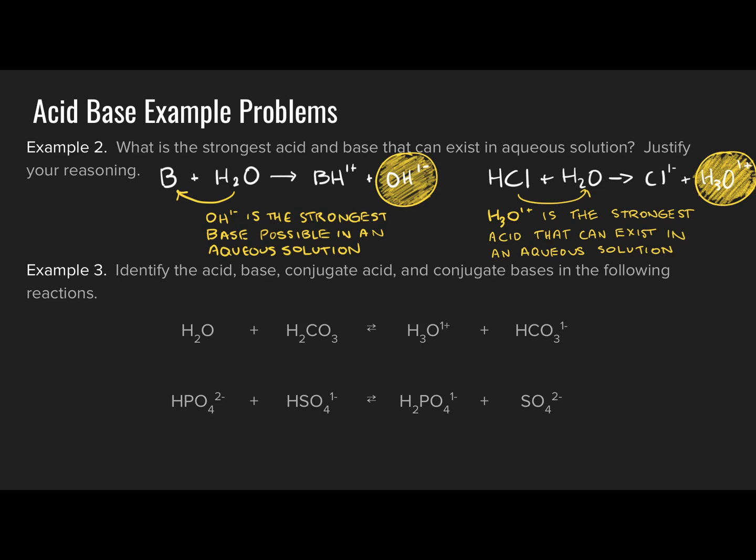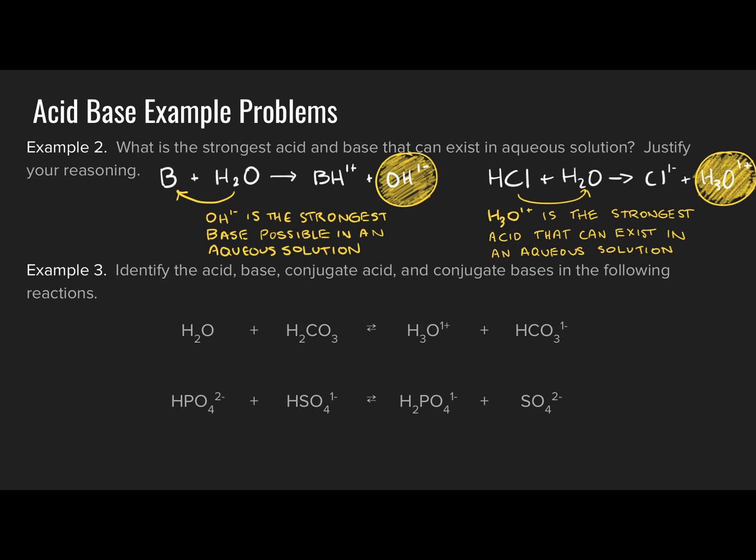So the strongest base that can exist in aqueous solution is the hydroxide ion. The strongest acid that can exist within the aqueous solution is the hydronium ion. And any acid or base which is stronger than either of those respective species would just end up undergoing a hydrolysis reaction to generate each of those species within the solution itself.